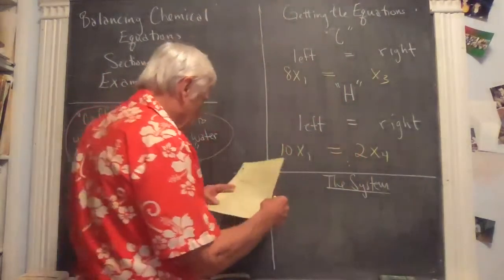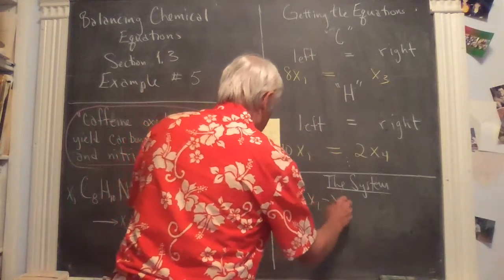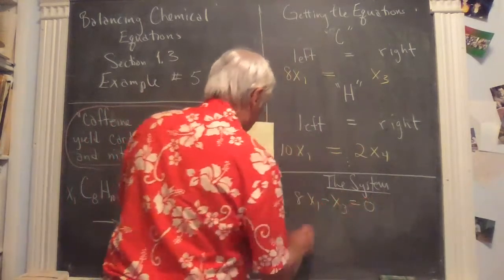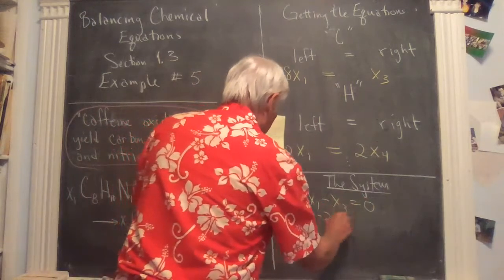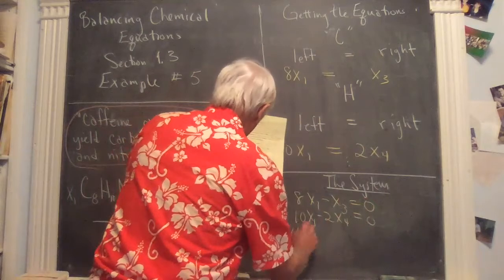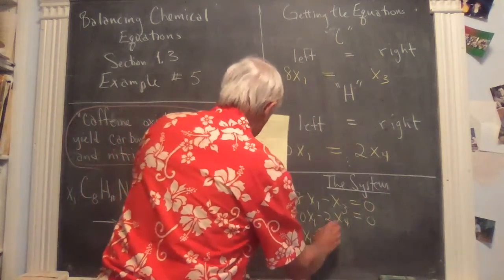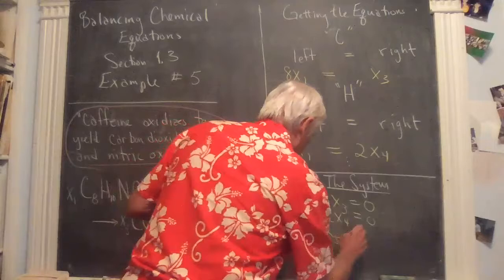The system of equations is 8x1 minus x3 equal to 0, 10x1 minus 2x4 equal to 0, and so on. 4x1 minus x5 equal to 0.